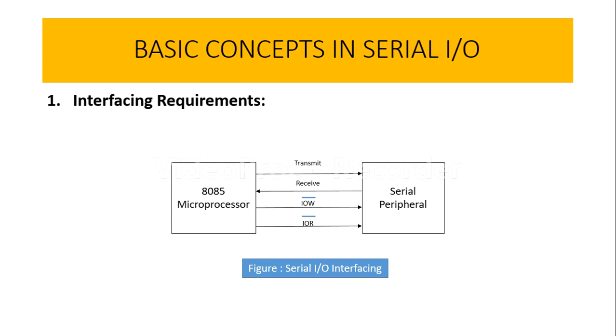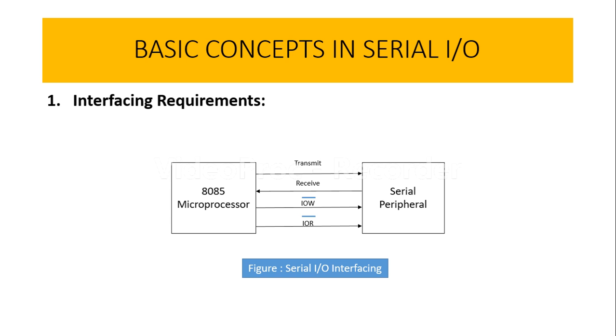Overall, we can say the microprocessor selects the peripheral by using the chip select. Already we know what exactly the chip select is, and it uses the control signal read to receive the data and write to transmit the data.